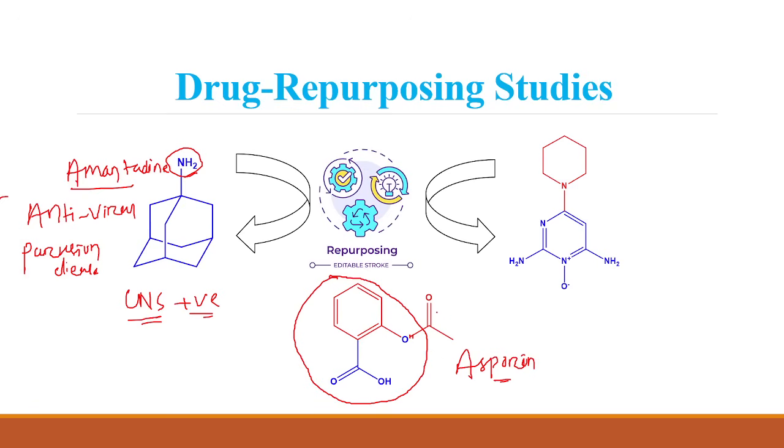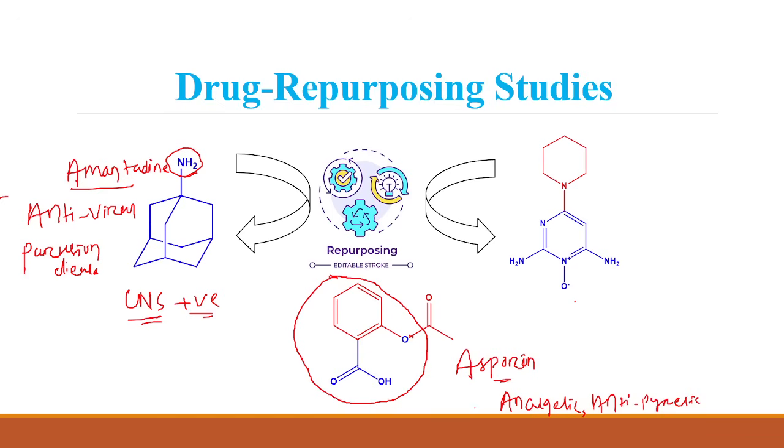So the main use of the drug aspirin is as an analgesic. It has the property of reducing pain, and it is also an antipyretic, which means it reduces fever.